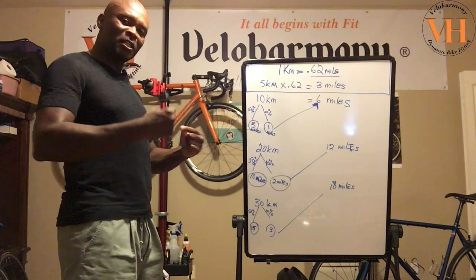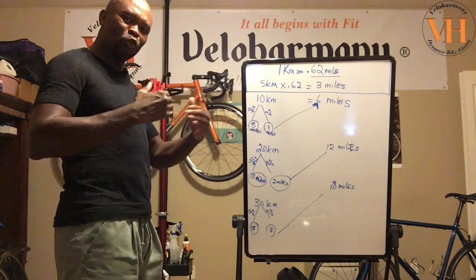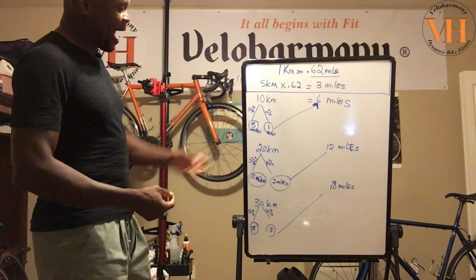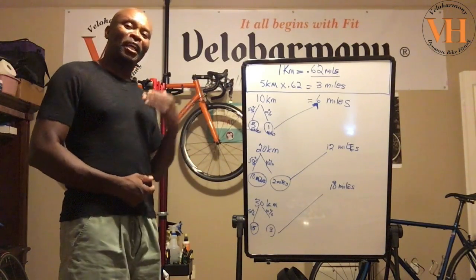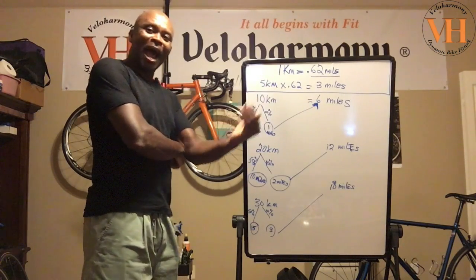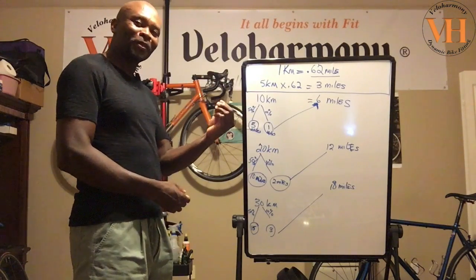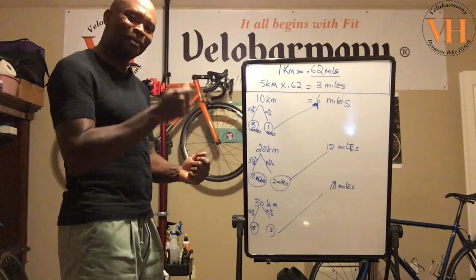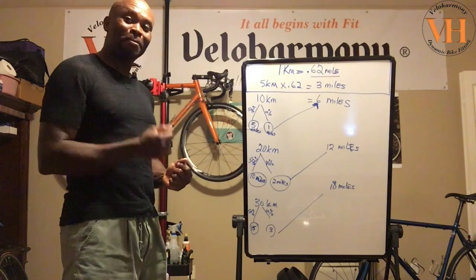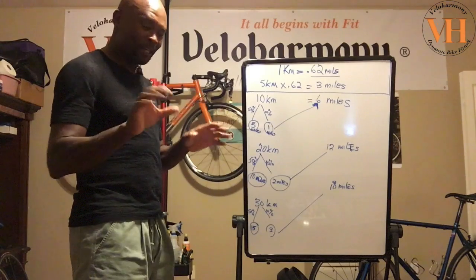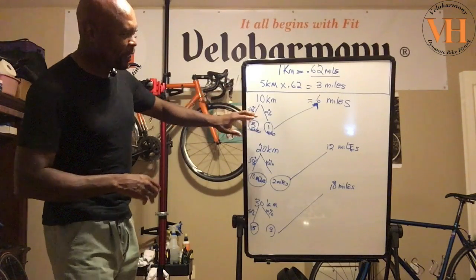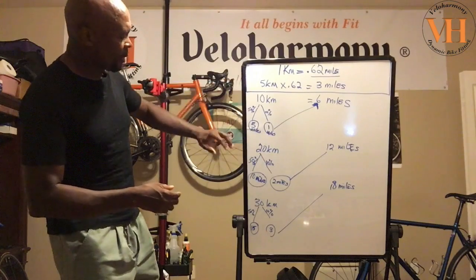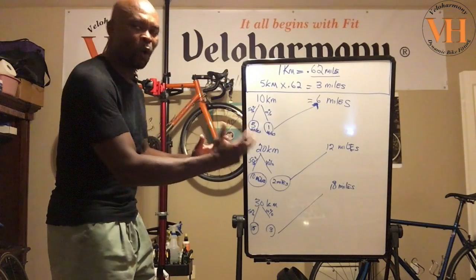Now, it doesn't mean the speed will be going up in those units. But what you want to look at is the fact that, okay, every time I see the kilometer equivalent, I need to take that number, take half of it, and then add 10% of the number. That will give me my miles per hour. But another caveat, as you begin to see these numbers, say 5 kilometers, 10 kilometers, let's say you see 12.